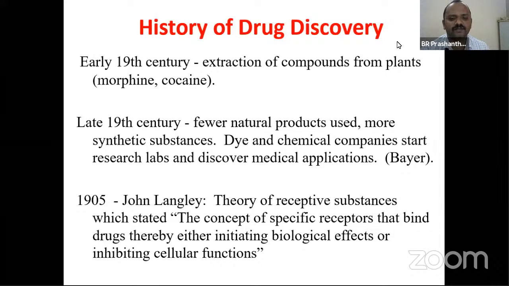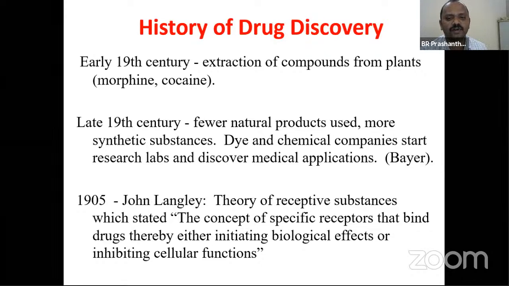As time proceeded, when you moved from the early 19th century to the late 19th century, there was a drastic change: there were fewer natural products in the allopathic system of medicine, and it was more often synthetic substances that were there in the pharmaceutical market.